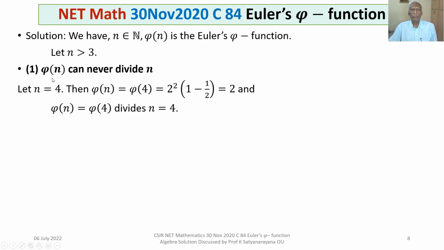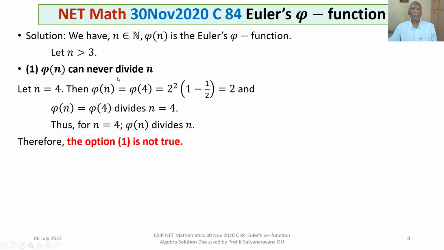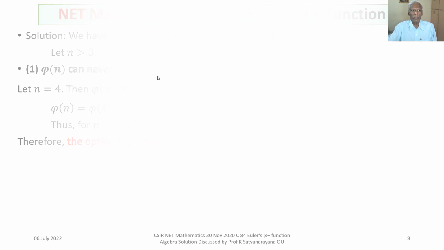So, phi of n can never divide n is not true. Here is an example: phi of n divides n for n equal to 4. Therefore, option 1 is not true. Let's get into the next one.